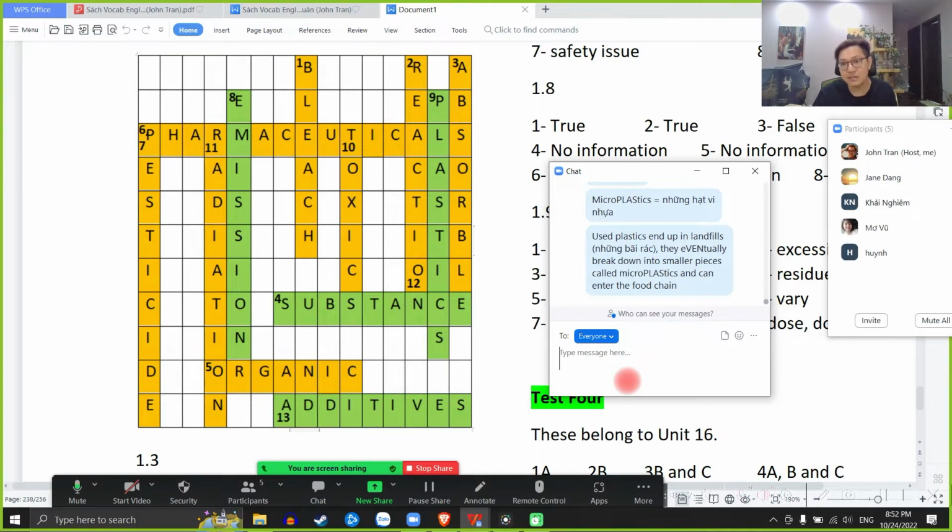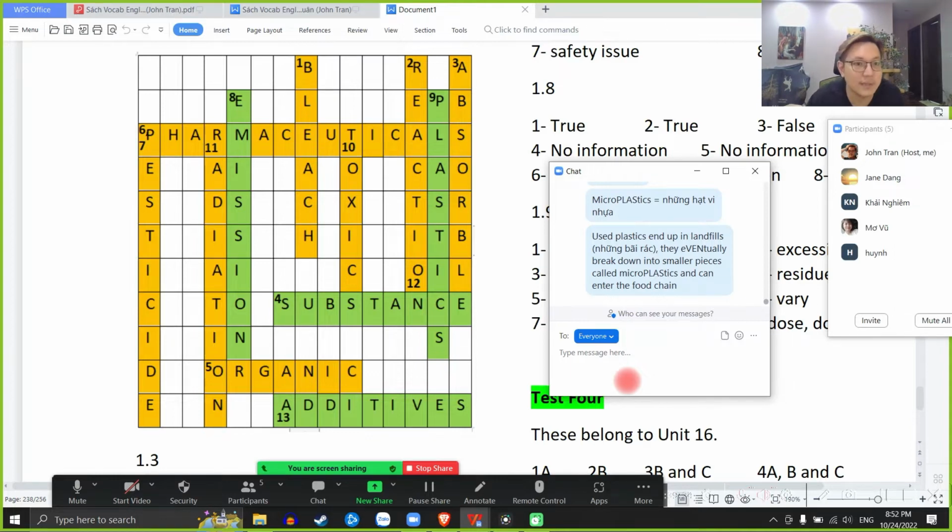Con cá nó ăn phải, con người bắt phải cá, con người ăn phải vô. So basically, if the fish consume the microplastics, humans will eat fish, and then we get it into our system, vào trong hệ thống cơ thể, vào trong các hệ cơ quan cơ thể. We get into our system, we get sick. It's very bad. Right now it's very bad.